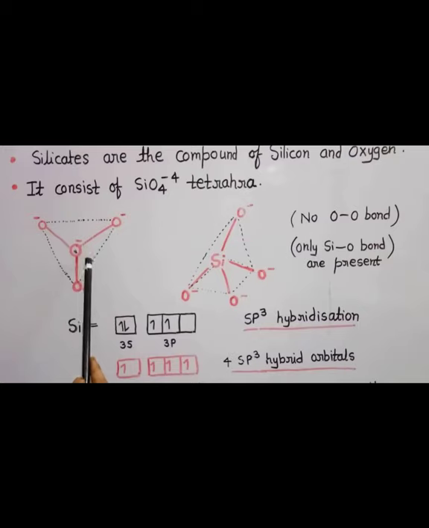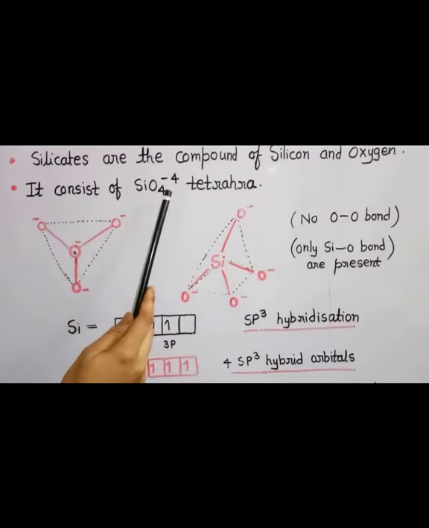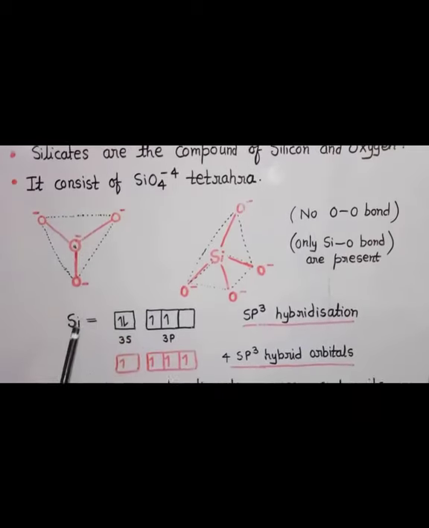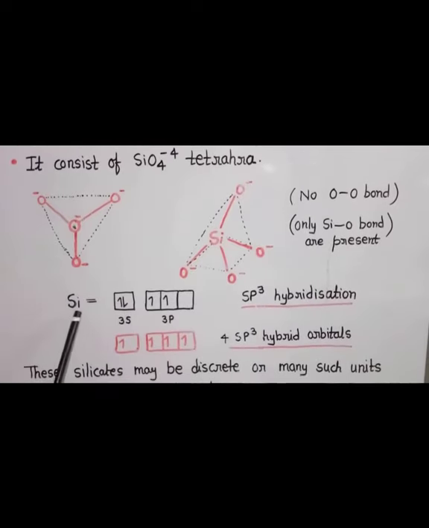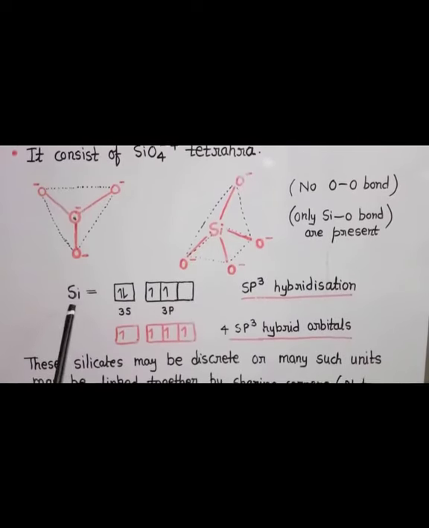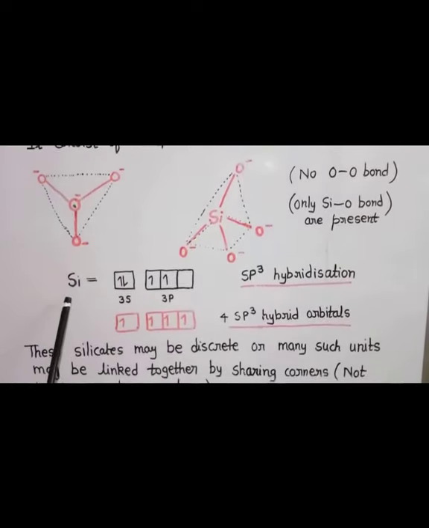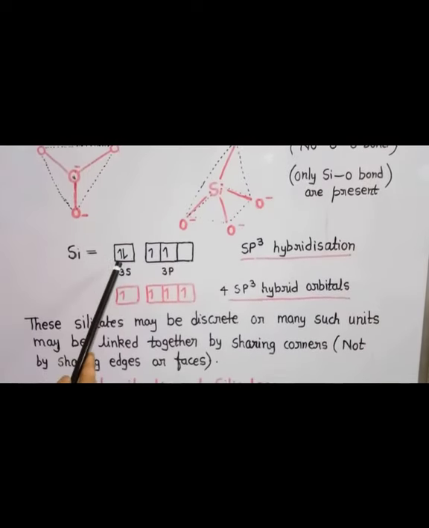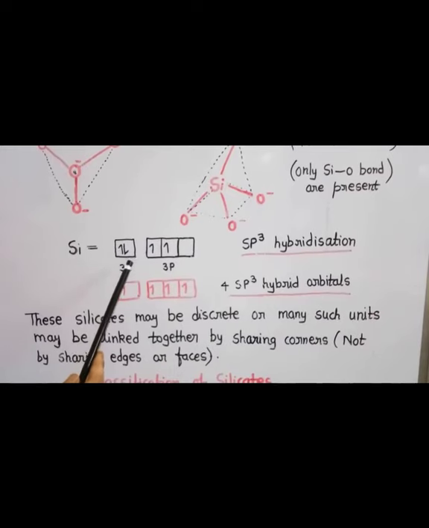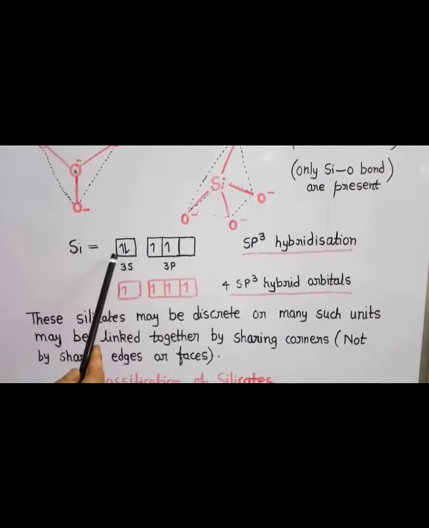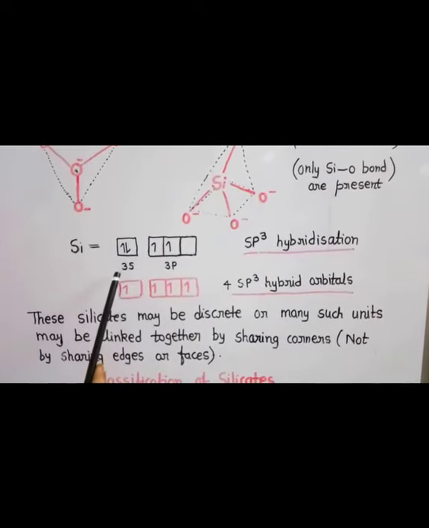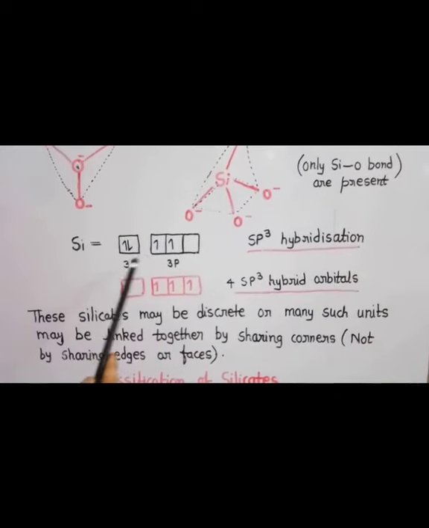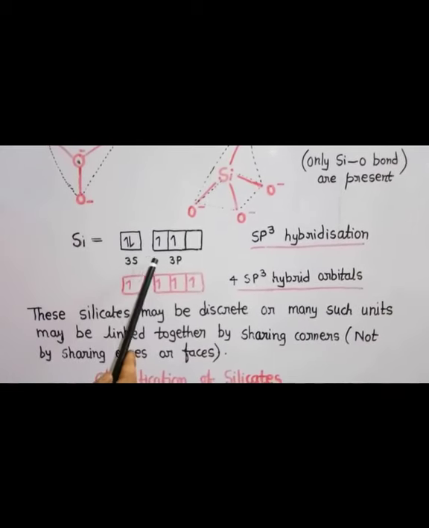Next we discuss the hybridization of silicon. Silicon belongs to the carbon family, the 14th group elements, like carbon, silicon, germanium. Carbon's configuration is 1s2, 2s2, 2p2. For silicon, the next element, it is 3s2, 3p2.